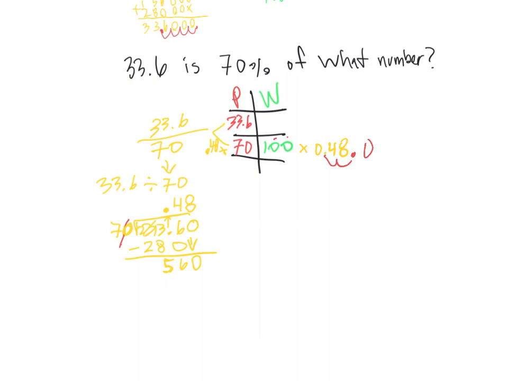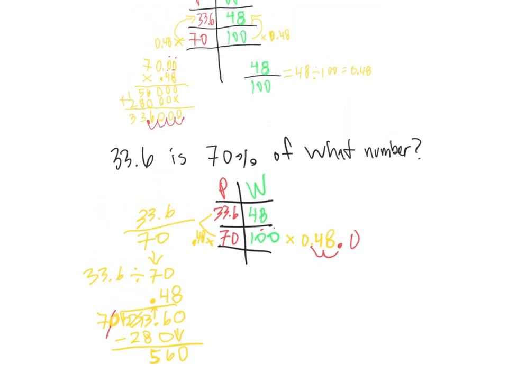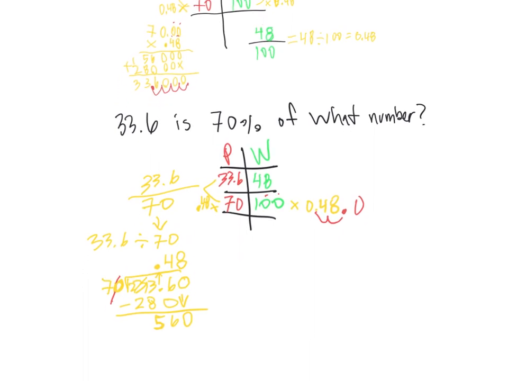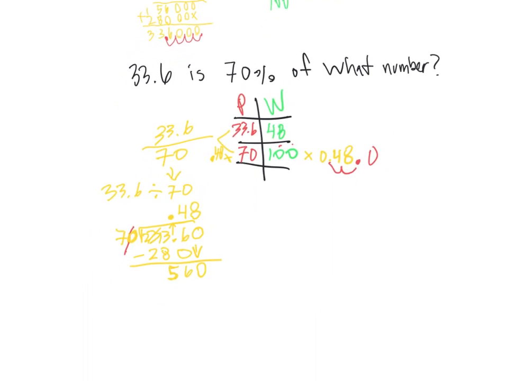So we can go ahead and plug in 48, and that should be our answer. Yes, it is. So working backwards is no more complicated. It's just all about these ratio relationships. Really finding the value of a ratio is going to allow you to figure out how to balance out your ratio table.